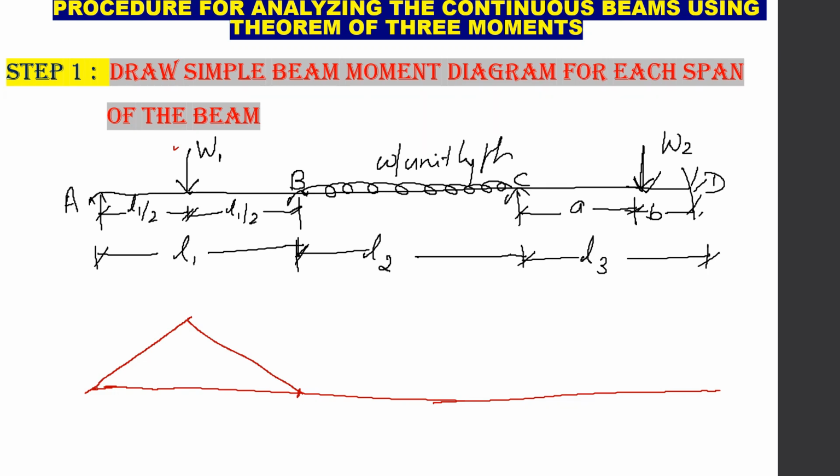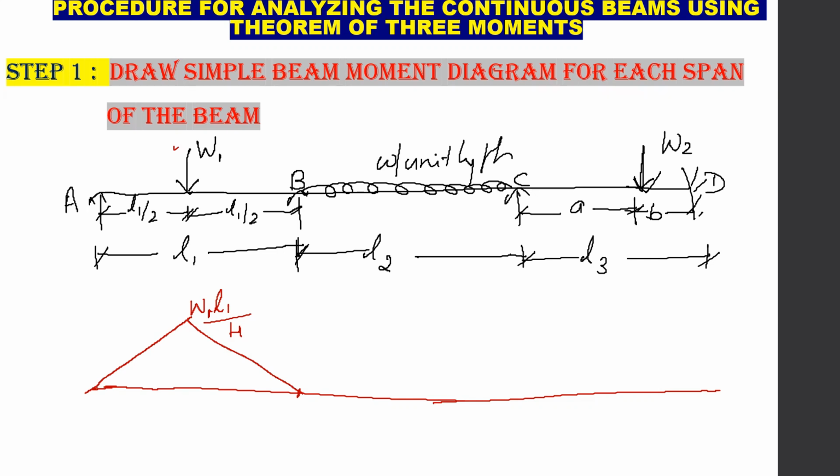We know if a concentrated load is acting at the center of a simply supported beam, the center bending moment will have the maximum value, and that will be equal to WL by 4. So here it is W1 L1 by 4.